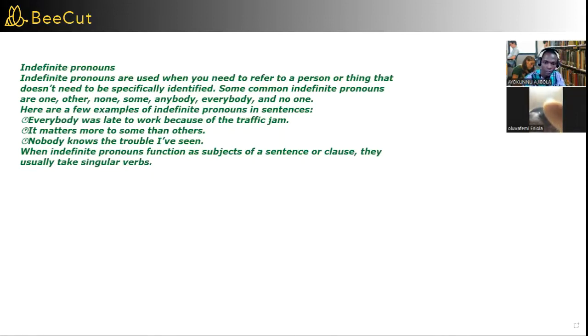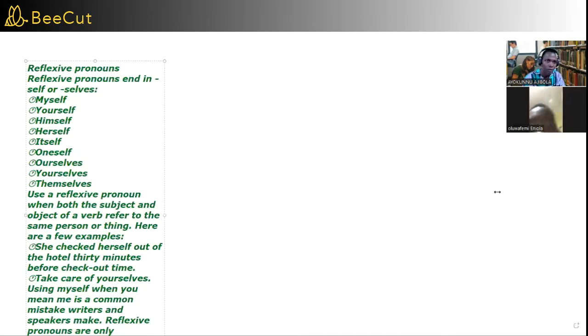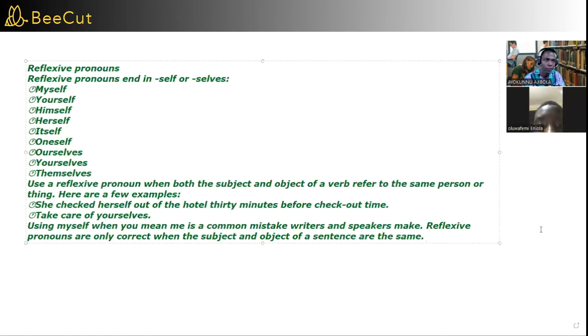So for reflexive pronoun, here's what I have here. Now, reflexive pronouns are used to reflect.